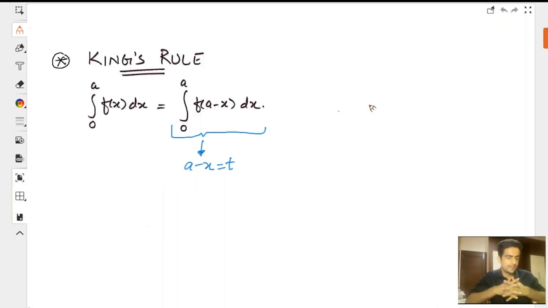Now guys, as such, this property has a lot of application. Today I'll be discussing majorly 2 applications of this property.